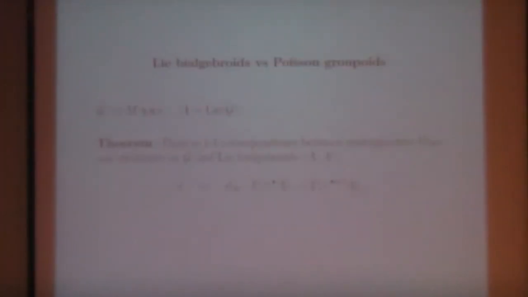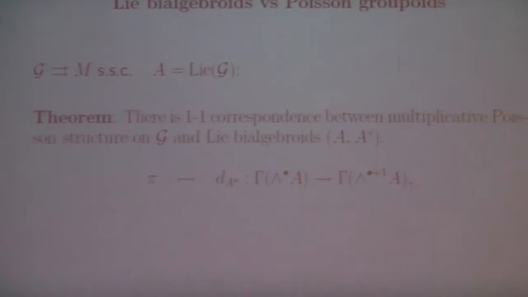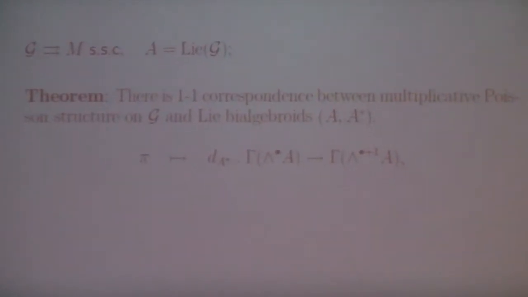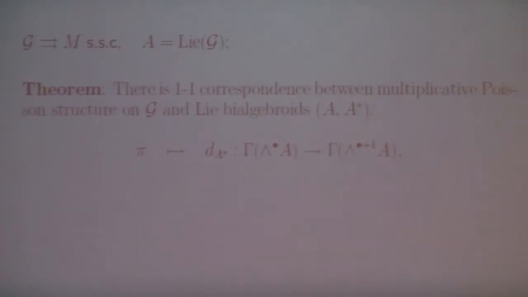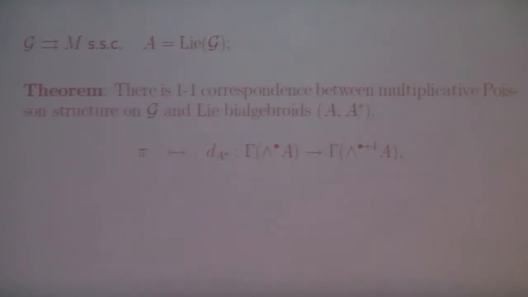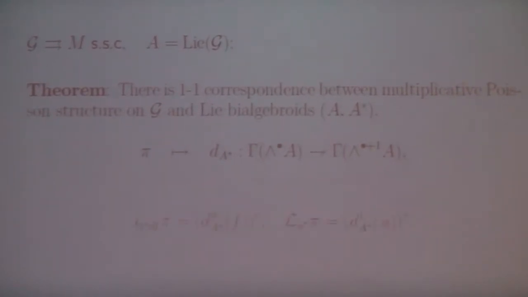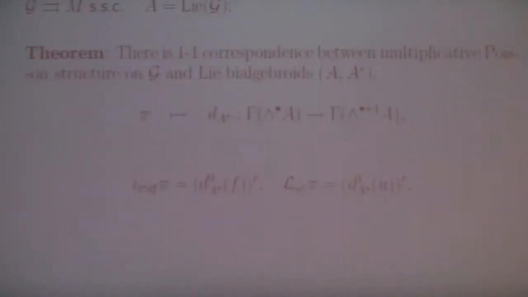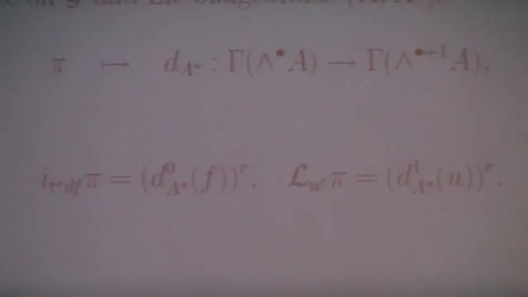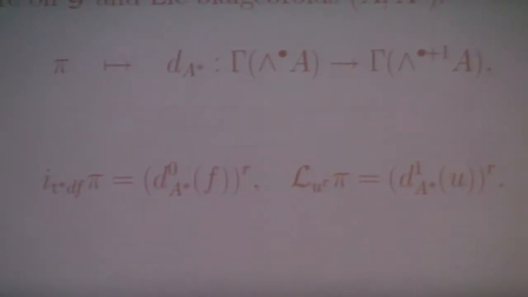I'm going to tell you how you extract the Lie algebroid structure on the dual of the Lie algebroid of G directly from the multiplicative bivector. And this is kind of similar to what we did in the Poisson Lie group case. So these are the formulas. So what is this saying?